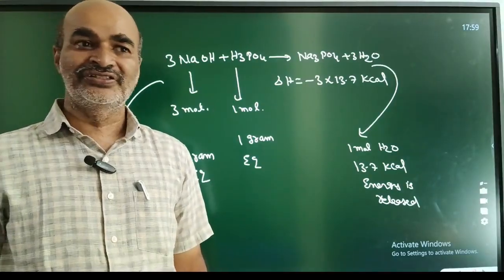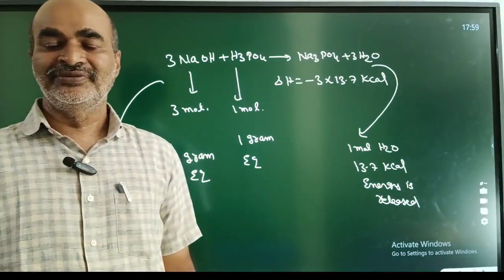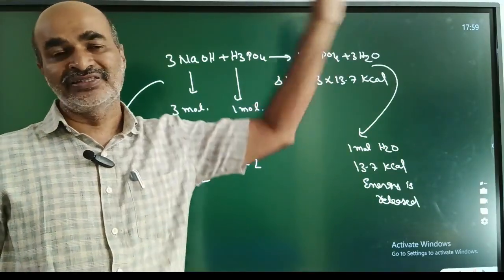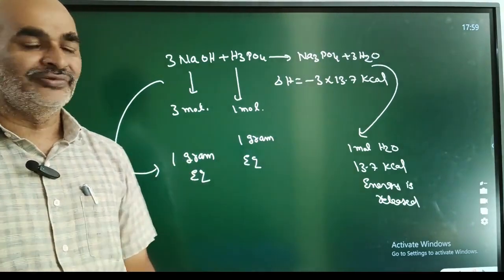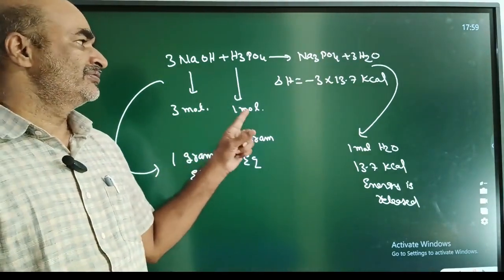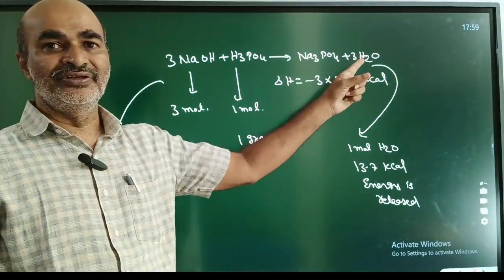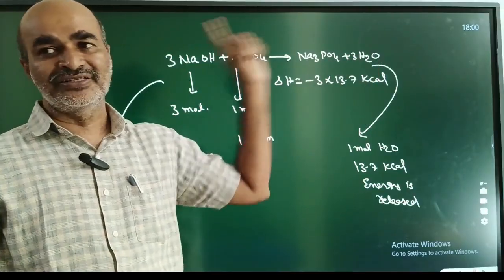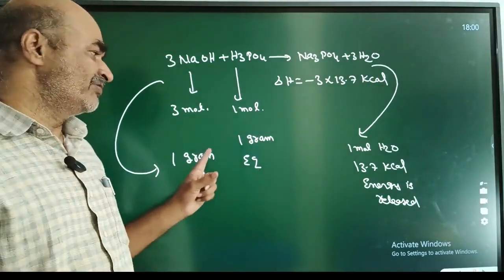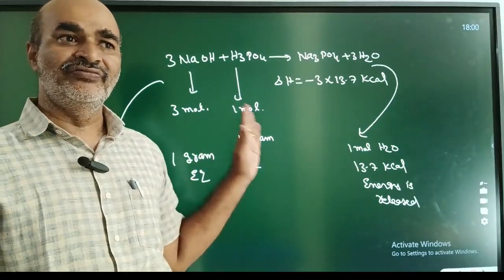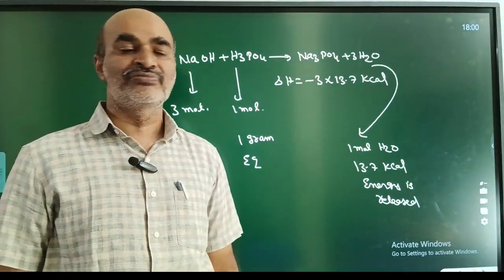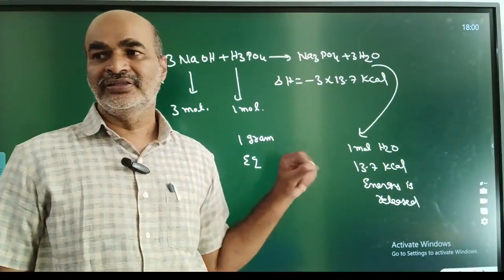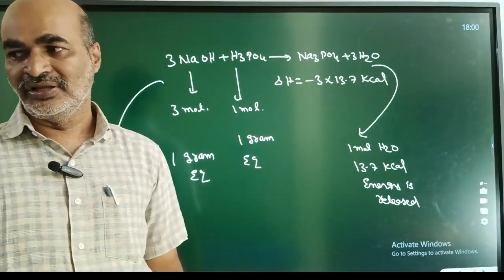If you take moles, heat energy released depends on how many moles of water are formed in the balanced equation. Here, taking moles, 3 moles of water are formed, so heat energy is released according to the balanced chemical equation. If you take gram equivalents, 1 gram equivalent of acid and 1 gram equivalent of base always form 1 mole of water.